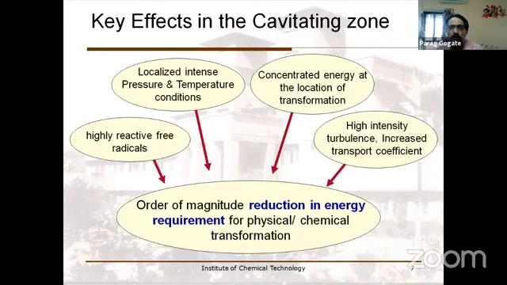So in short, we need to tailor the effects depending on what application you are looking at. Now this high intensity turbulence and increased transport coefficient is also going to be useful when I'm talking about hybrid methods. Now hydrodynamic cavitation itself may not be efficient, but you can combine it with other methods, and we are going to see some examples in the later part of this talk.